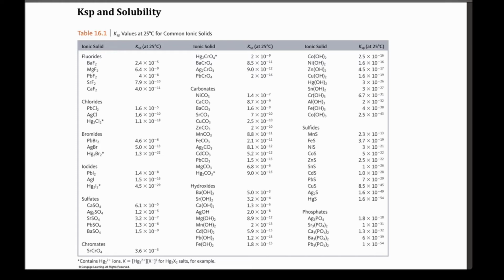In the chlorides, we see AgCl with a Ksp value of 1.6 times 10 to the minus 10. Notice that Ksp values of these almost insoluble salts are often very small. I see some that are 10 to the minus 54, so very small numbers.